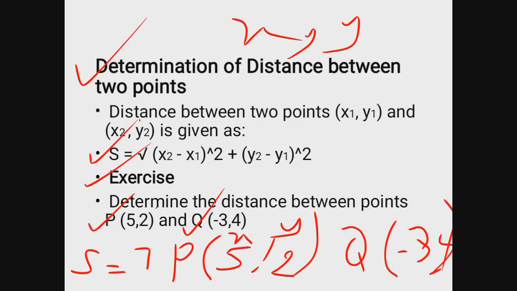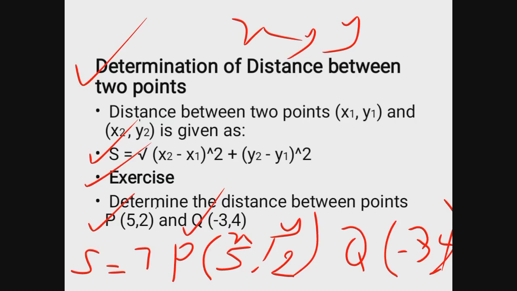So now let's try this on the next slide. We are looking for the distance between point P and point Q, and the formula was given in the previous slide, which is the square root of (x2 minus x1) all squared plus (y2 minus y1) all squared. Without wasting time, let's quickly simplify this question. The first thing we need to do is identify the problem.